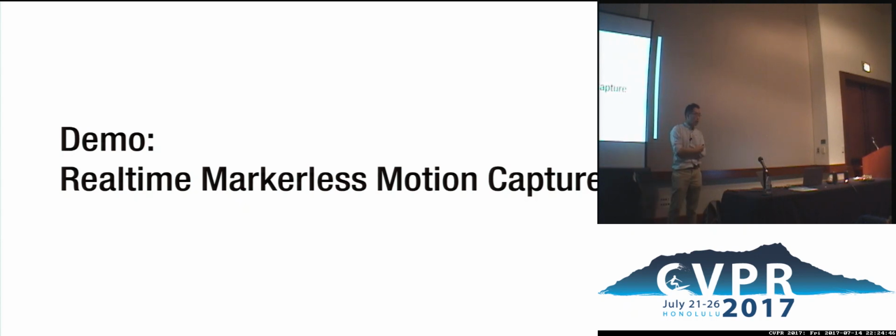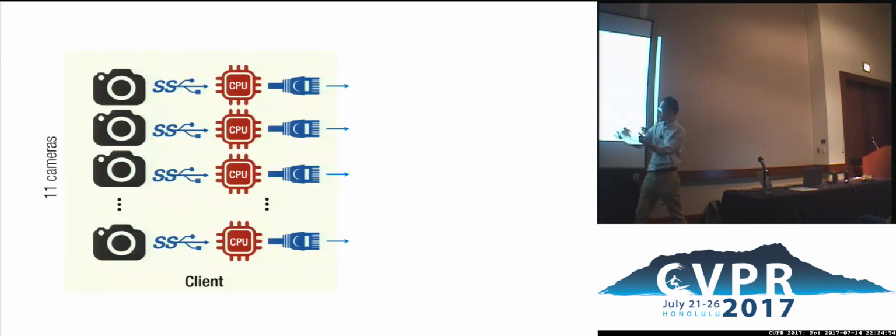So before concluding, I would like to show you our demo here, a real-time markerless motion capture system. Okay? The system configuration is that there are 11 cameras here, connected to the small Odroid on the table.